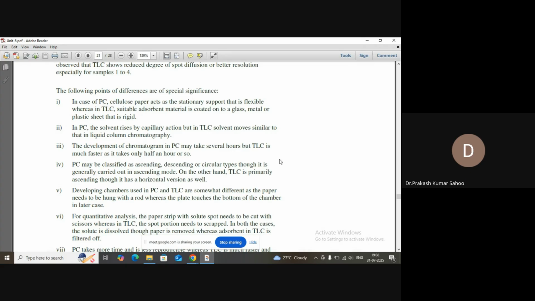In PC, the solvent rises by capillary action, but in PLC, the solvent moves similar to that in liquid column chromatography.